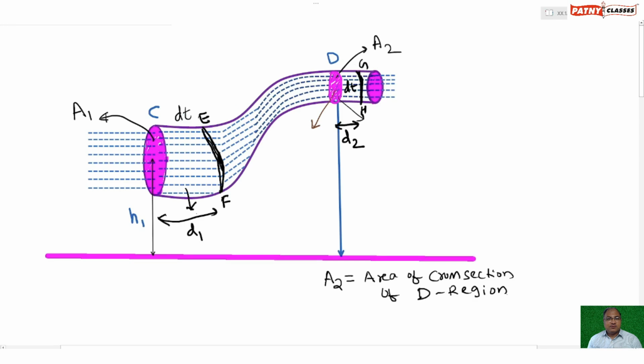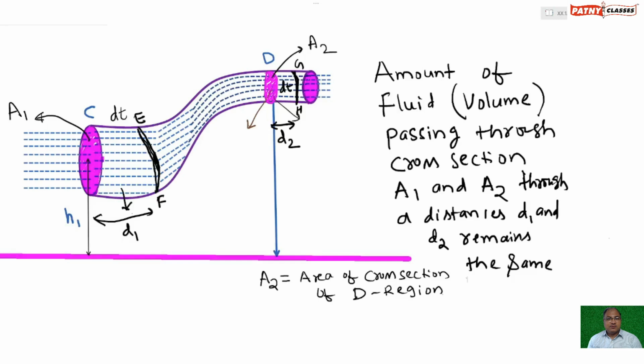In the upper part, the liquid travels a distance d2 in time dt. That is, the volume of fluid passing through cross sections A1 and A2 through distances d1 and d2 remains the same. So the volume dV passing in the lower section, as well as in the upper section, remains the same.